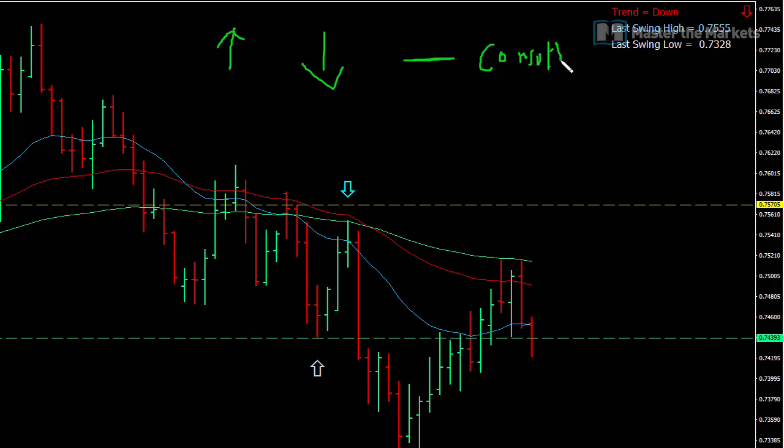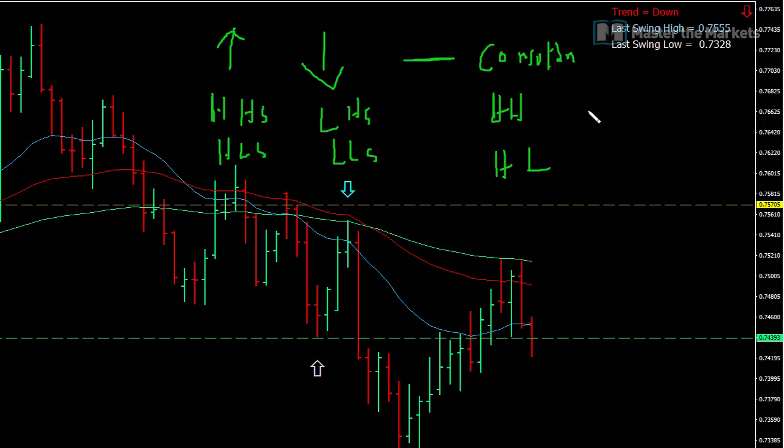Okay, now how do you define them? The first, the uptrend, is what we call higher highs and higher lows. The downtrend is what we call lower highs and lower lows. And finally, the consolidation is one which has a higher high and, let's say, a lower high or a higher low.